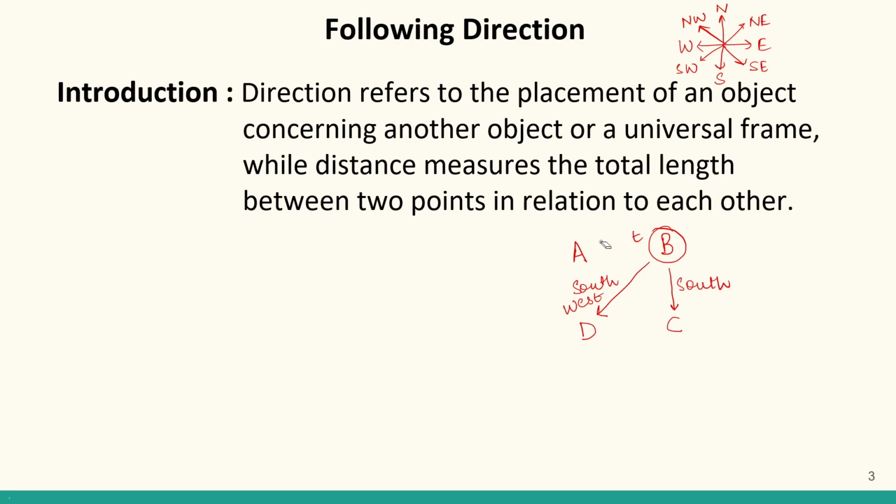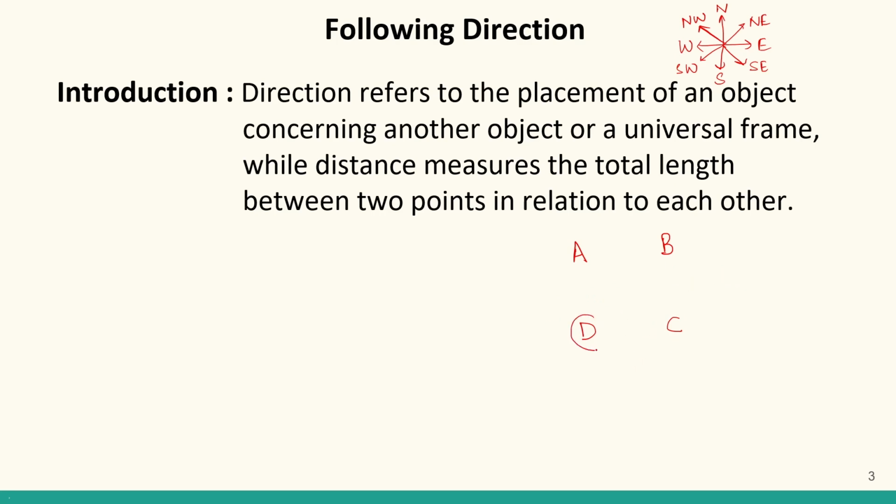Understood? Now let us do the same thing with respect to C. With respect to C, B will be to the north of C because it is above C, right? D will be to the west of C. Similarly, A will be to the northwest of C. This is with respect to C. Now with respect to D, let us find out.